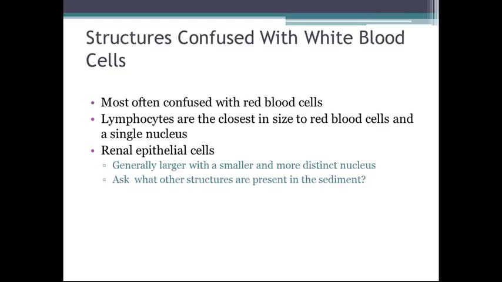Renal epithelial cells are generally larger with a small, more distinct nucleus, and there might be other structures present. So if there are white blood cells present, as we talked about a few slides ago, there are typically bacteria present.